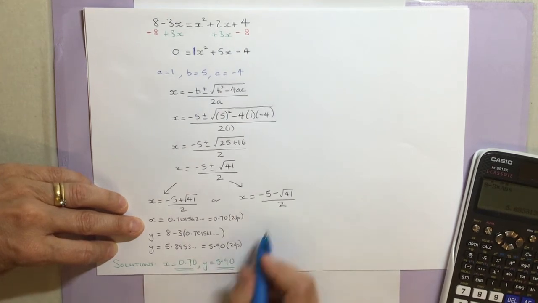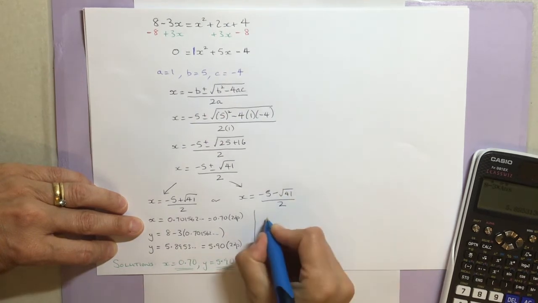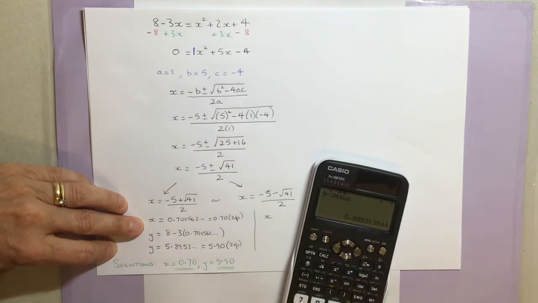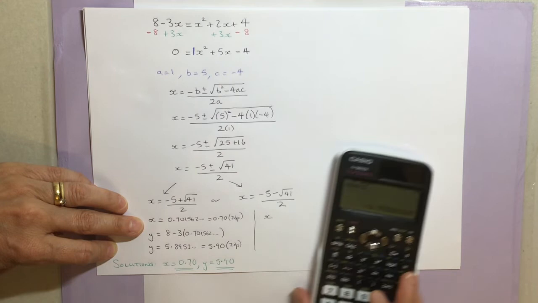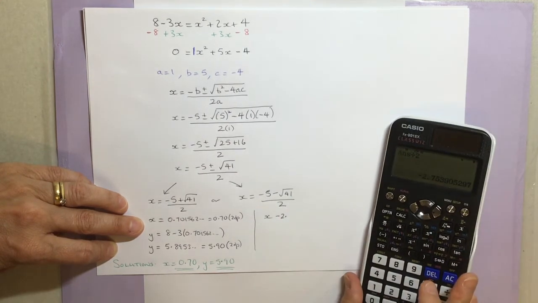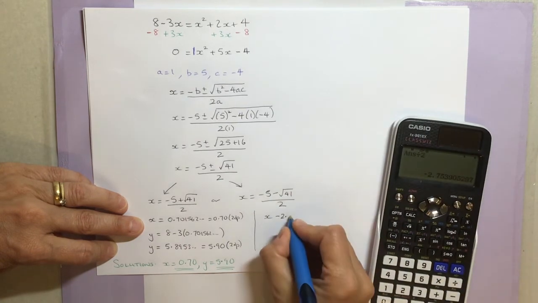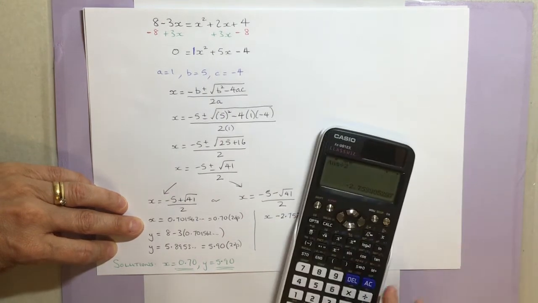And then from this other side, let's have a look at these answers. So this time, minus 5 minus root 41, and then divide that answer by 2. Just going to check that again on my calculator, make sure I type that in correctly.